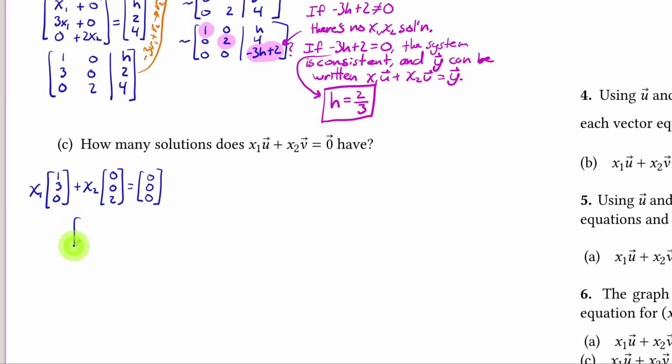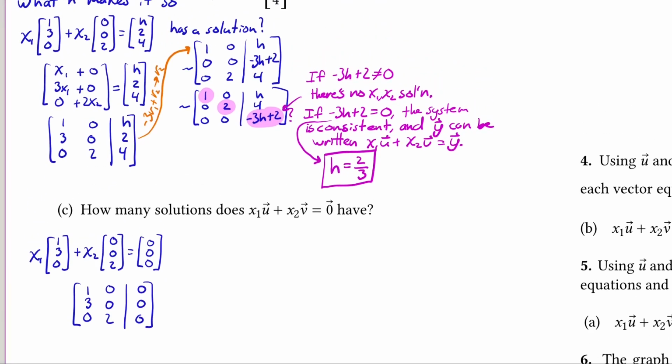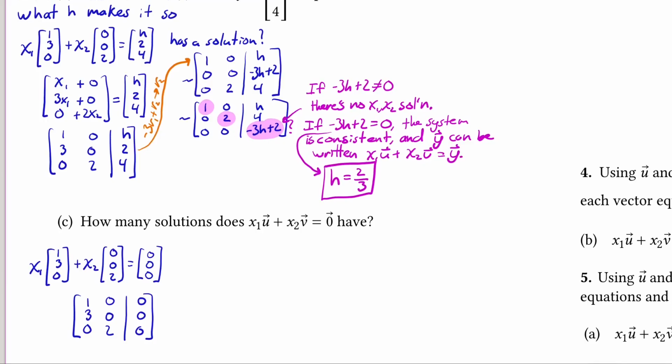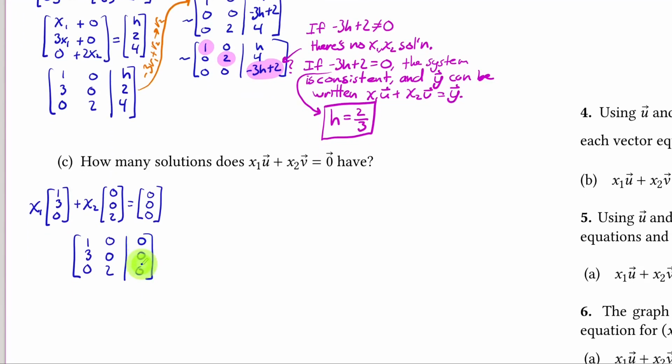And we know that this is equivalent to the system of equations with augmented matrix 1, 3, 0, 0, 0, 2, 0, 0, 0, by the same logic we've been doing for the last couple problems. And we can imagine doing the same row operations that we just did in part B here. It's just that now those row operations have zeros instead.